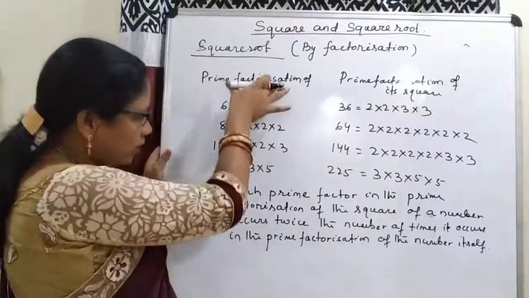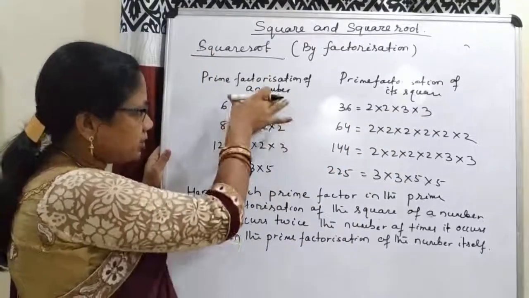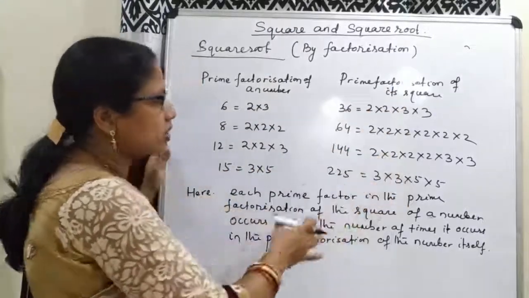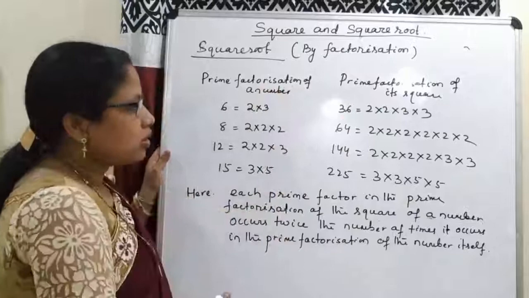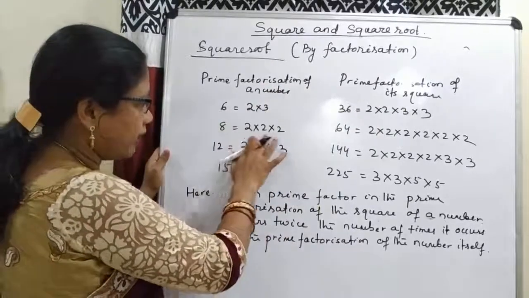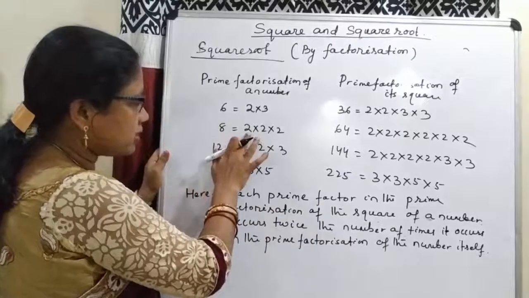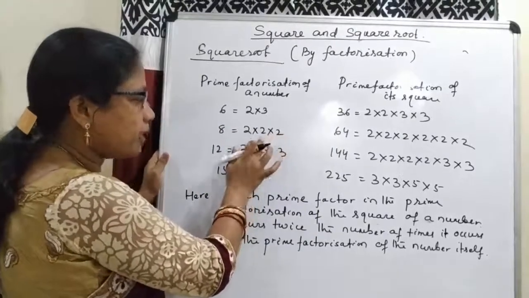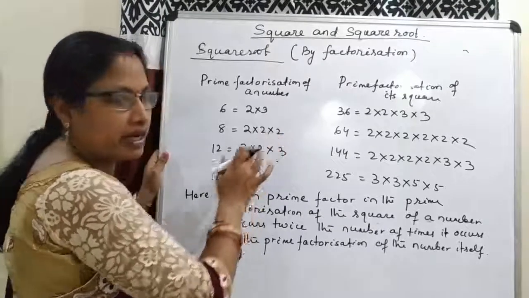So in this column is the prime factorization of a number, and these are the prime factorizations of their squares. For example, look at the prime factorization of 8 here. 8 can be factorized as 2 multiplied by 2 multiplied by 2. Here the prime factor 2 occurs 3 times.